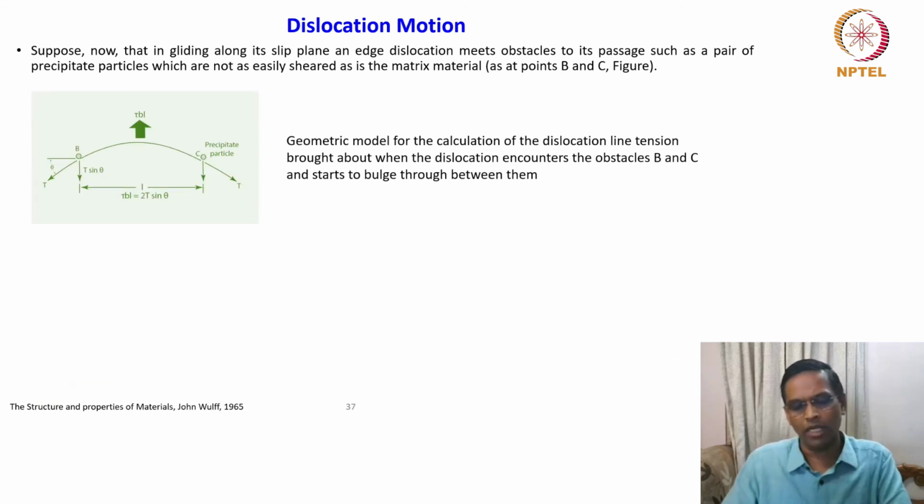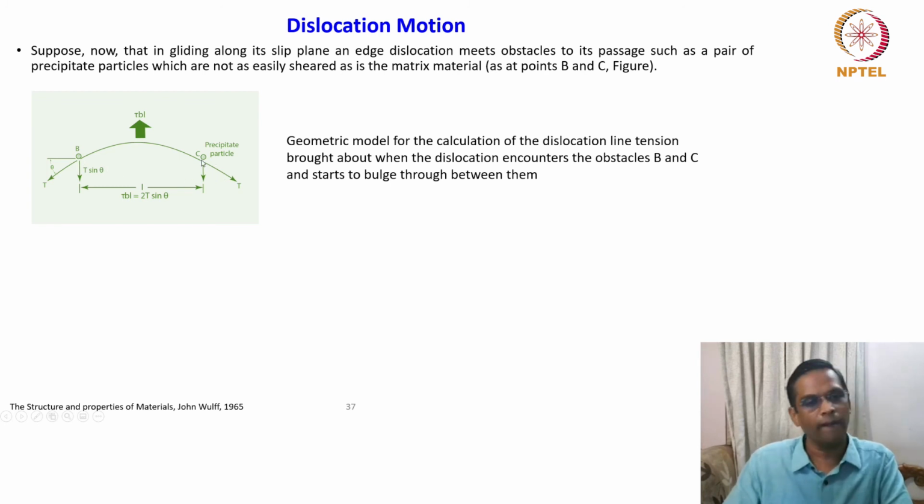Another very important slide, we'll spend some time on this. Suppose now that in gliding along its slip plane, an edge dislocation meets an obstacle to its passage, such as a pair of precipitate particles, which are not as easily sheared as the matrix material.